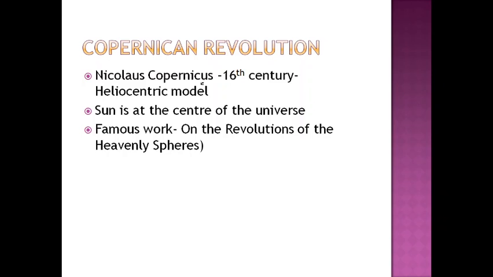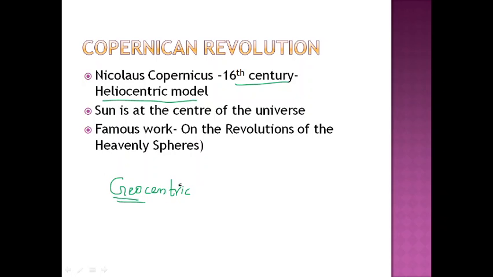So Nicolaus Copernicus, who lived in the 16th century, formulated a new model for the universe, which is called the heliocentric model. Until then, we know the geocentric model was widely accepted. Geocentric assumes that Earth is at the center of the universe.